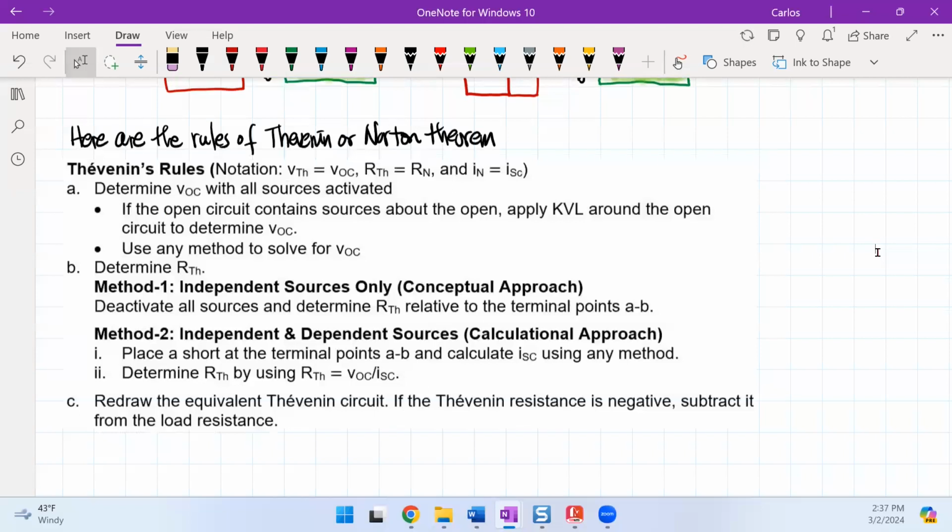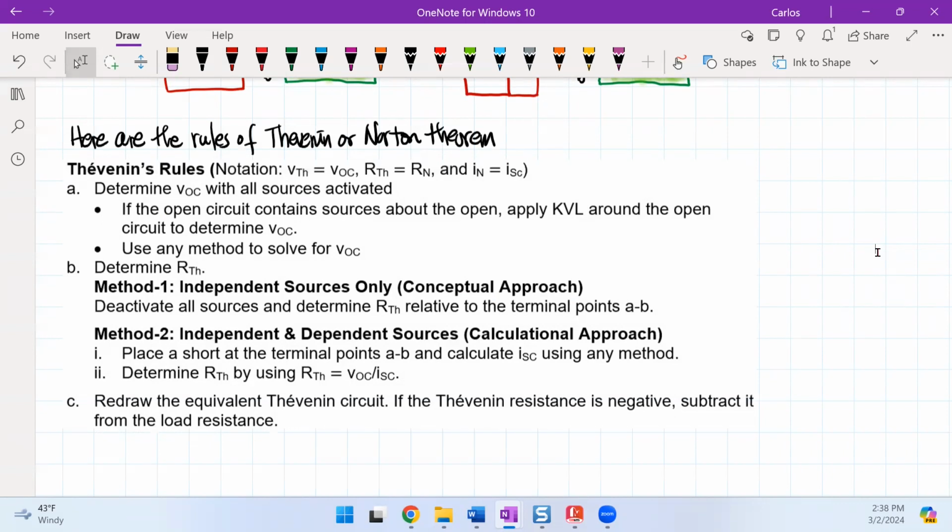B, determine RTH. There are two methods. We're mostly interested in method 2, but I do want to use method 1 because it only applies to independent sources, and this is more of a conceptual approach, which will be very powerful when we deal with RC and RL circuits. In method 1, you deactivate all the sources and determine RTH relative to the terminal points AB.